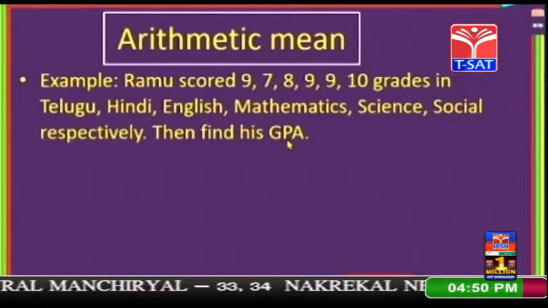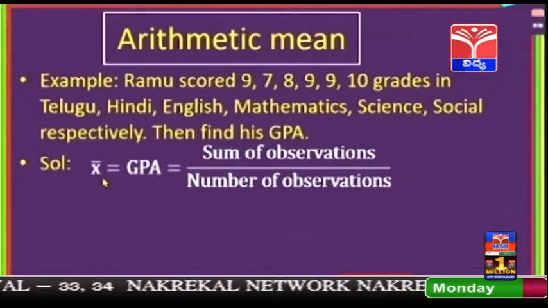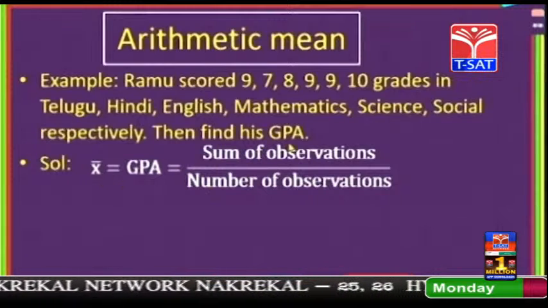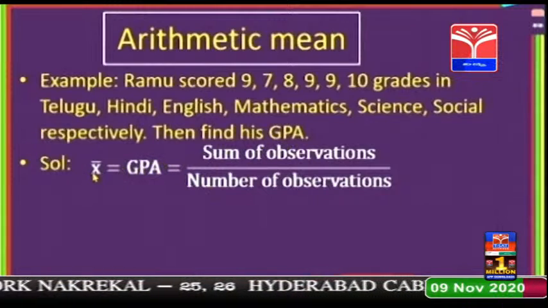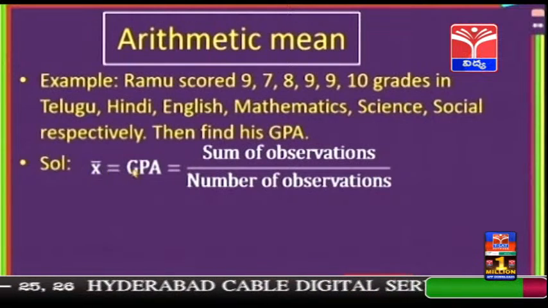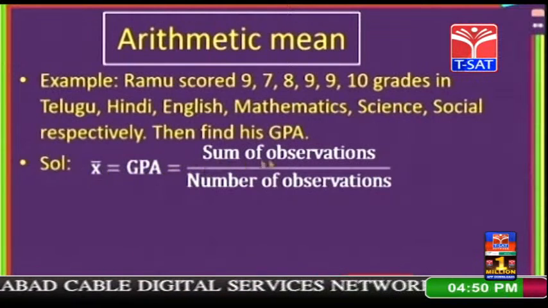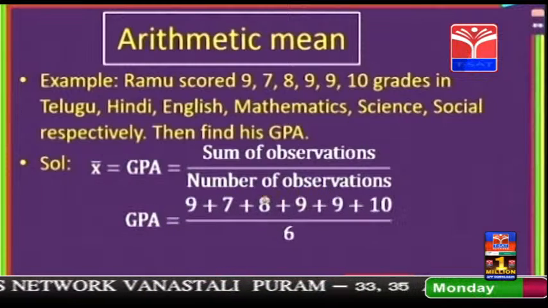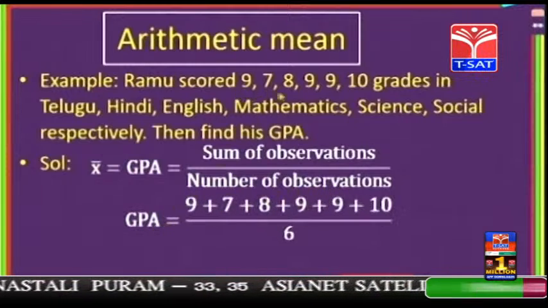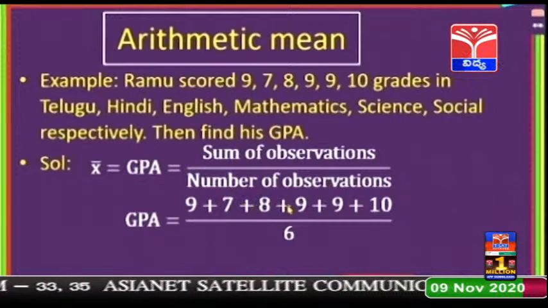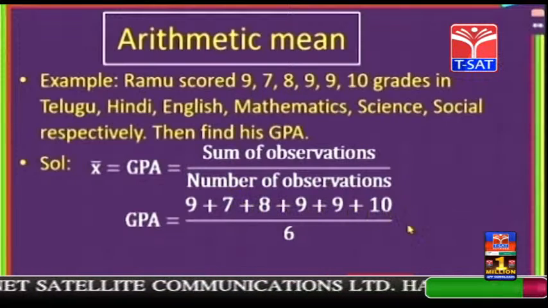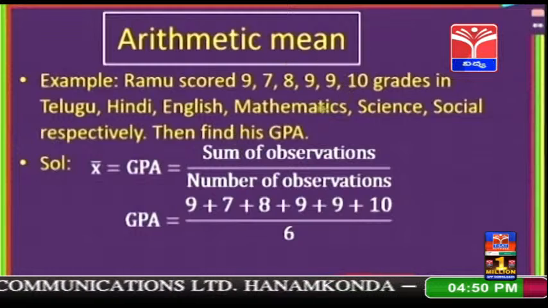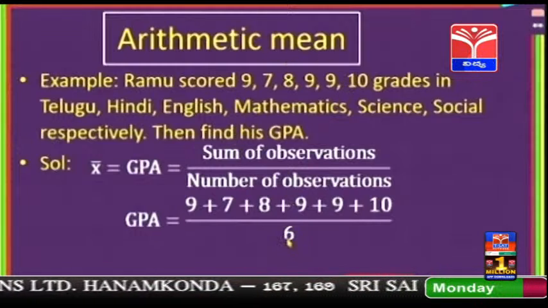So how can we find it? Here we can find the GPA by using the arithmetic mean formula, x bar, that is GPA, is equal to sum of observations by number of observations. So GPA is equal to 9 plus 7 plus 8 plus 10, 9 plus 9 plus 10, by the number of subjects, which is 6.